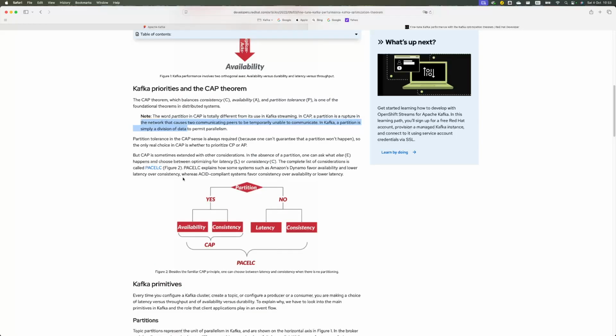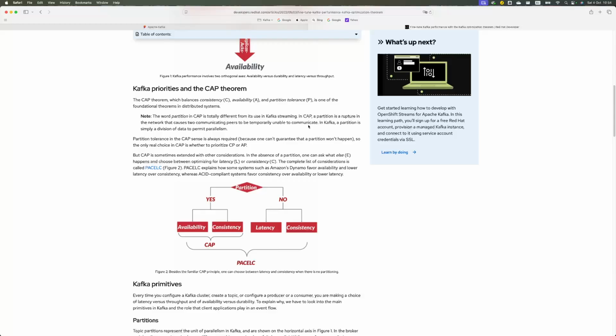We can improve the CAP theorem with some extended considerations, like PACELC: else, in the latency and consistency choice. We can decide what to prioritize: if we want CP, which means consistency and partition tolerance, or AP, availability and partition tolerance.